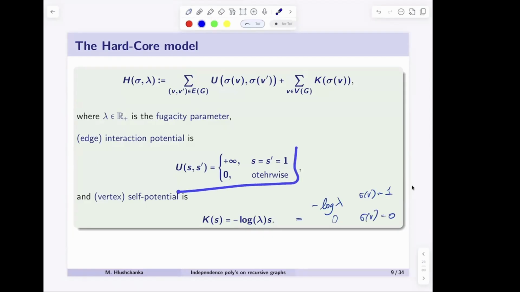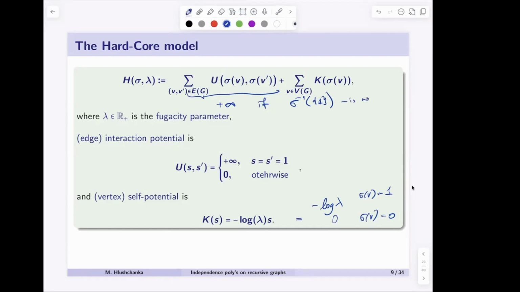And then the interaction potential between the vertices is defined to be infinity if you have chosen two adjacent vertices, and otherwise it's just 0. So basically, this sum up here is plus infinity if the vertex set that gets assigned 1 is not independent, and otherwise it is 0.